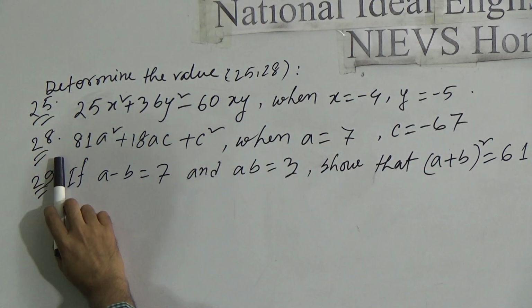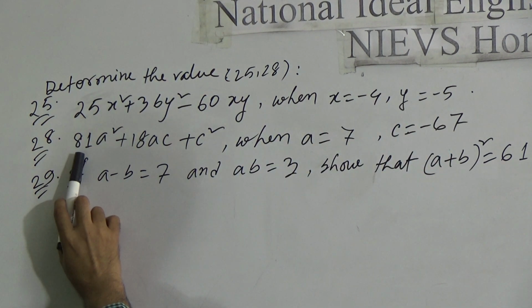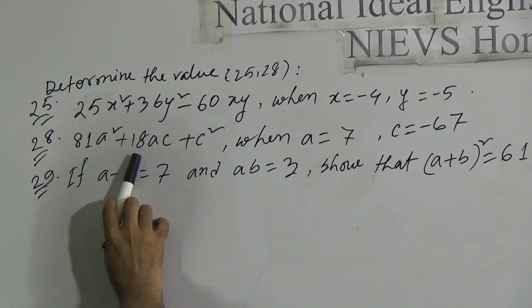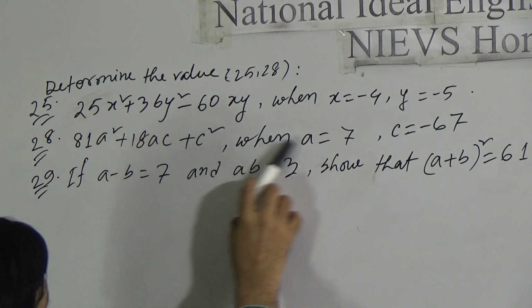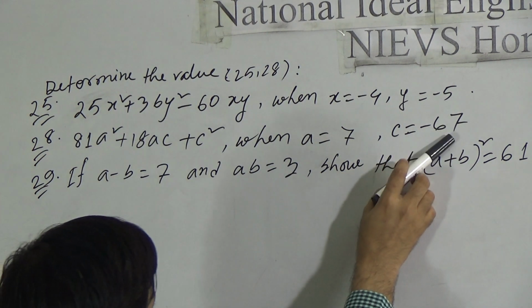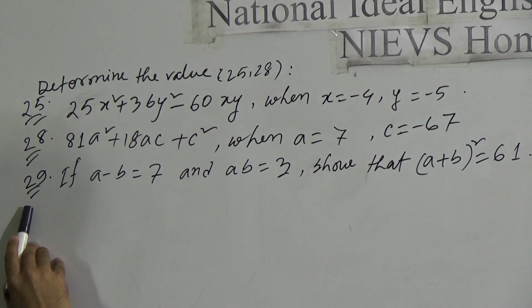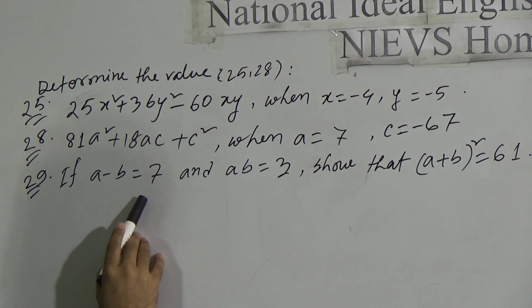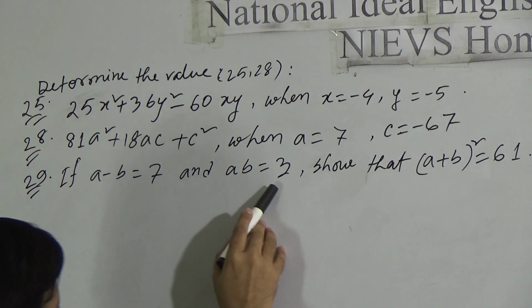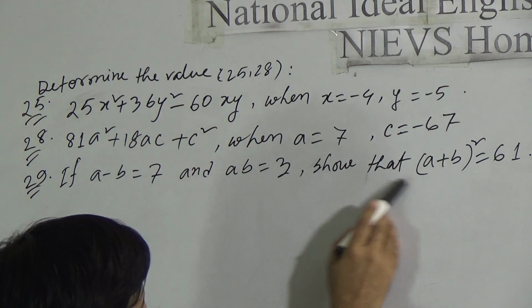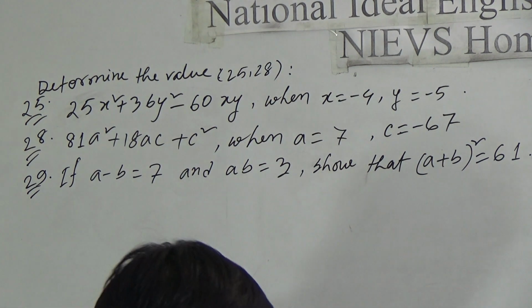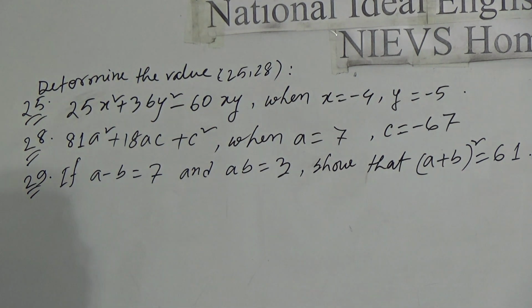Question 28: we have to determine the value of the expression 81a square plus 18ac plus c square when a equals 7 and c equals minus 67. And question 29 is: if a minus b equals 7 and ab equals 3, show that (a plus b) whole square equals 61. These three questions I will solve in today's class.